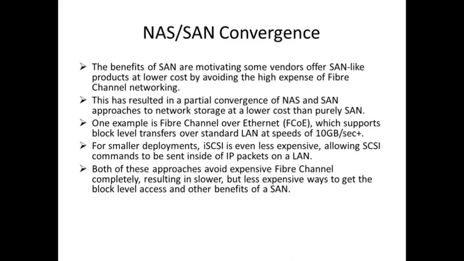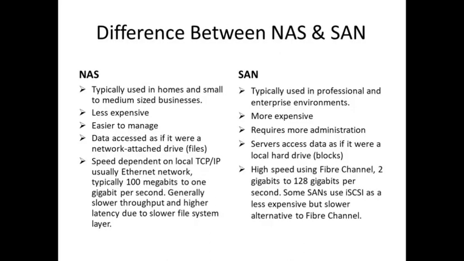For smaller deployment, iSCSI is even less expensive, allowing SCSI commands to be sent inside of IP packets on a LAN. Both of these approaches avoid expensive fiber channel completely, resulting in slower but less expensive ways to get the block level access and other benefits of a SAN.